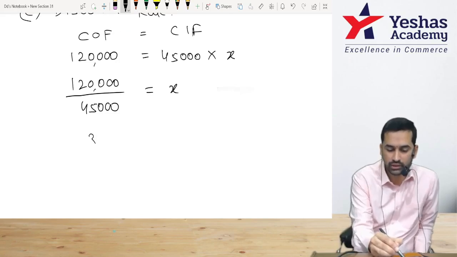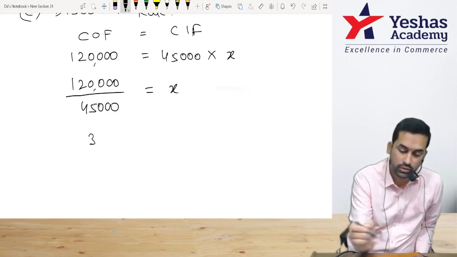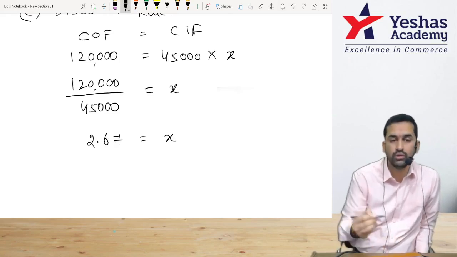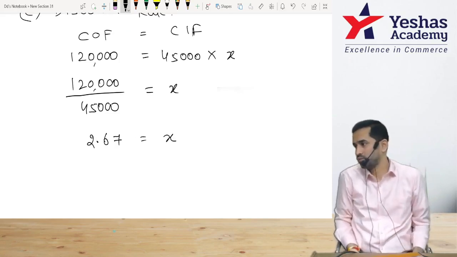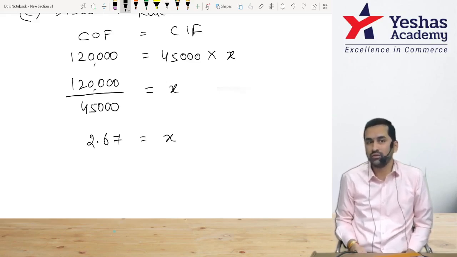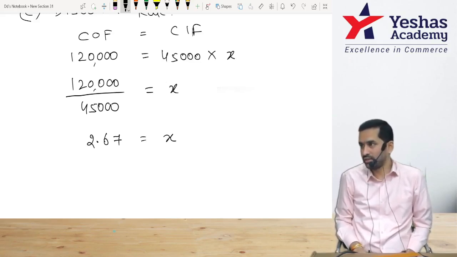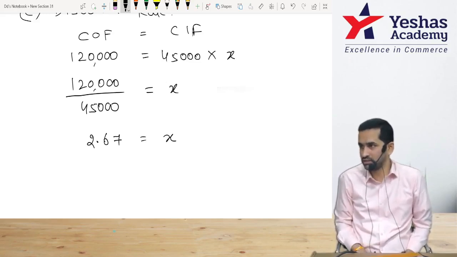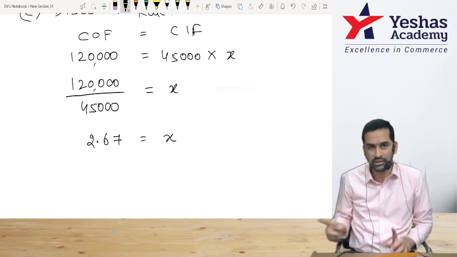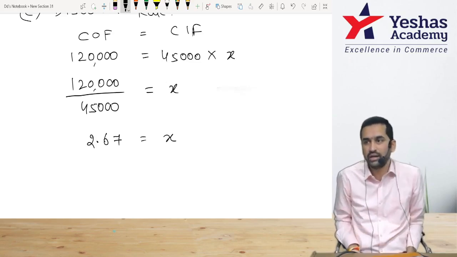How much is this? 2.67 should be equal to X. So you can't answer now. 2.67 is what? Summation of discounting factor for 4 years. That means now you have to do trial and error in such a manner that you reach 2.67 as a summation of discounting factors. There are shortcuts, but I'm working out in a detailed manner.